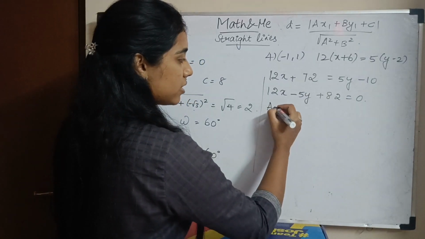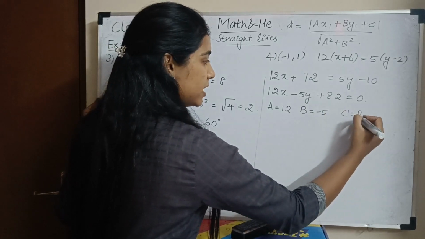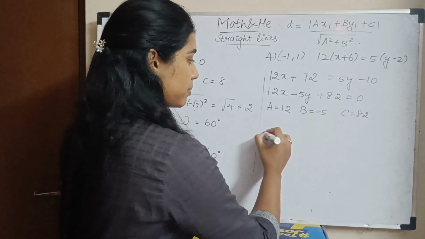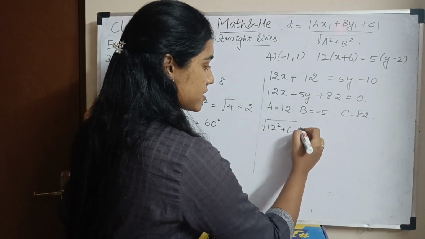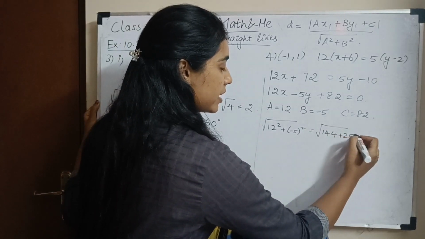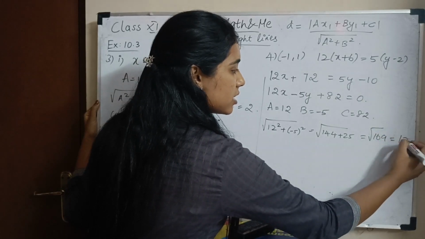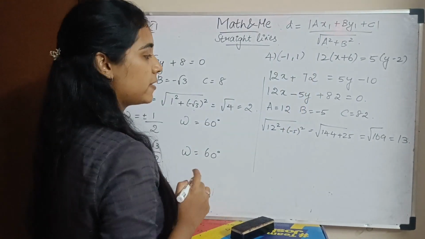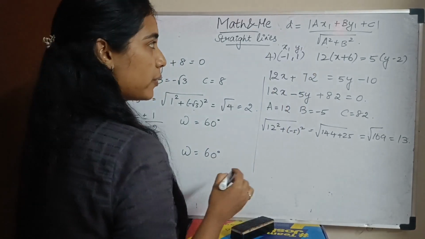So now your a is 12, b is minus 5, c is 82. So what is your root of a square plus b square? Root of 12 square plus minus 5 the whole square. You have 144 plus 25, which is 169, which is 13. Okay, so this is your root of a square plus b square. What is your x1, y1? This is your x1 and this is your y1.